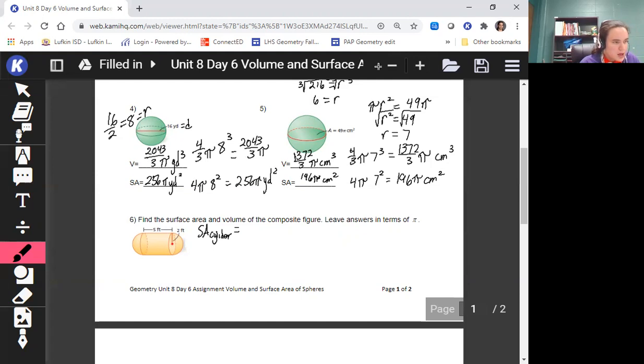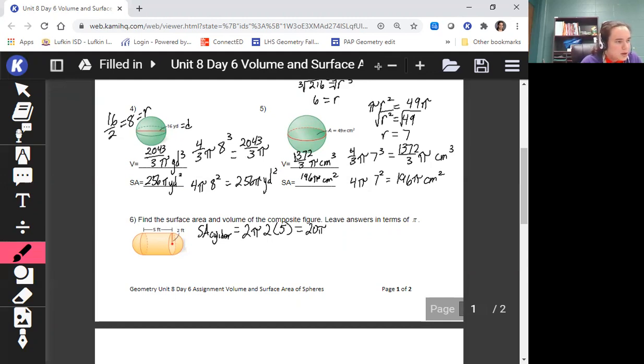Remember that the lateral surface area, because that's all we need, because we don't need the 2 circles at the end, is 2 pi times your radius times your height. So 2 times pi times our radius, which is 2, times our height, which is 5. And that gets us 20 pi.